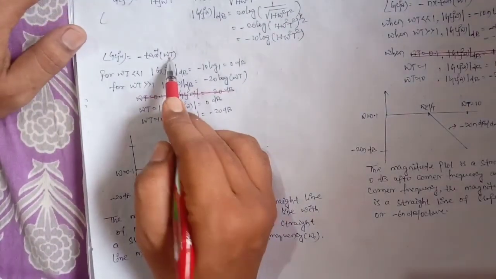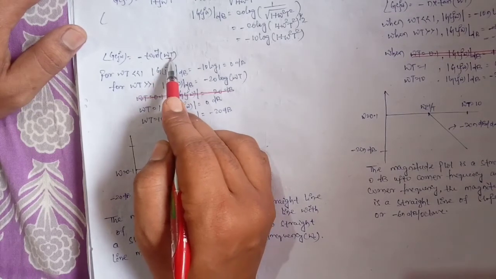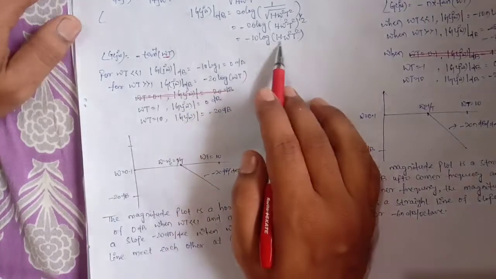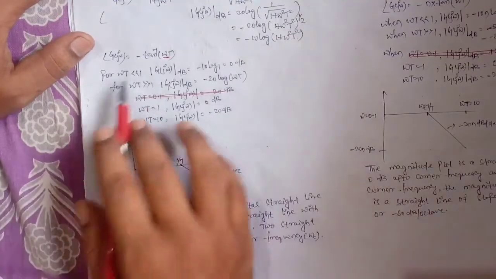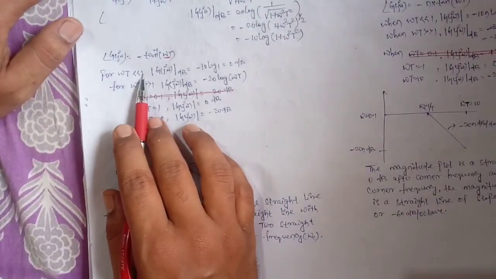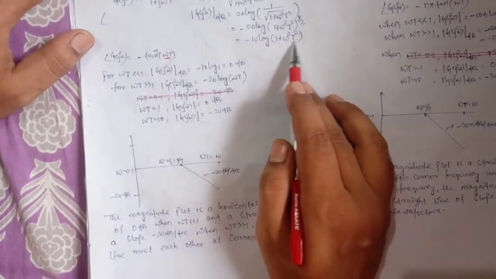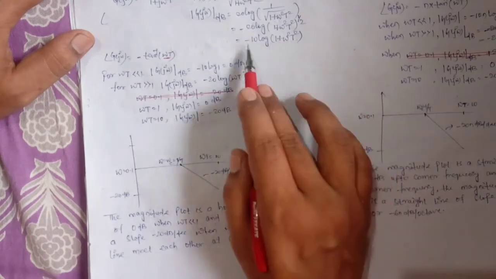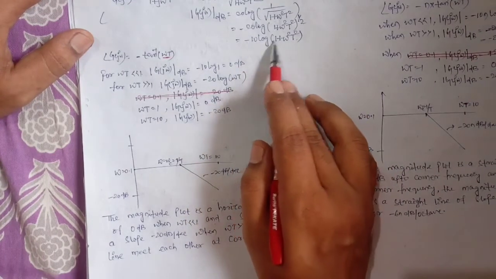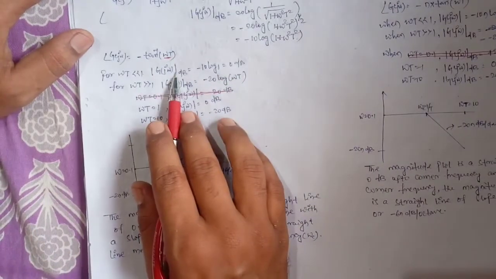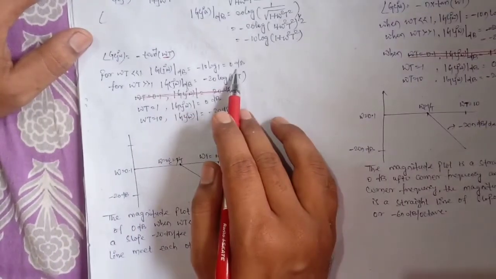So we will check with the variation in omega t how my magnitude is changing. When omega t is much less than 1, I can neglect this omega square t square term. Then what will remain? -20 log of 1. As I told, the log of 1 is 0, so my magnitude will come as 0 dB.